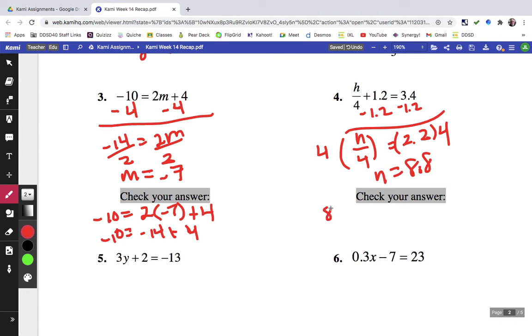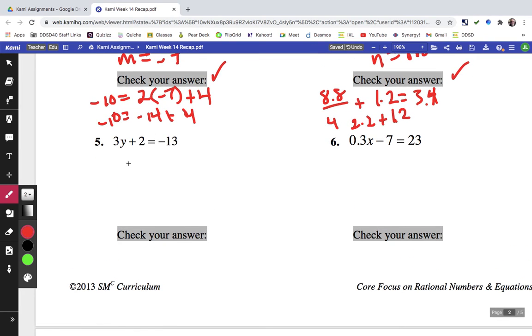So if I do 8.8 and I divide it by 4, and add 1.2, I should get 3.4. Okay, so let's do 8.8 divided by 4. That's equal to 2.2. And 2.2 plus 1.2. 2 and 1 is 3. 2 and 2 is 4, so that's equal to 3.4. So that one checks out.